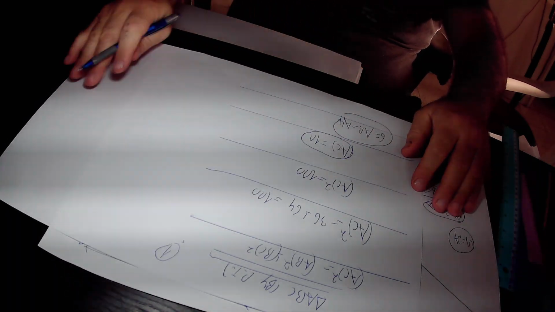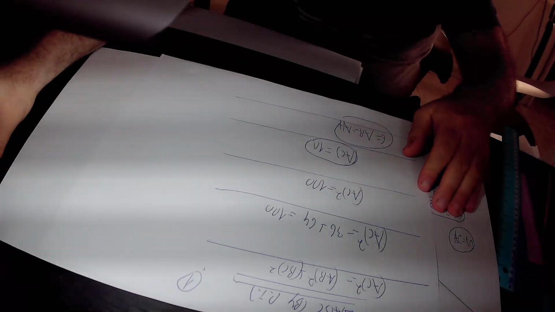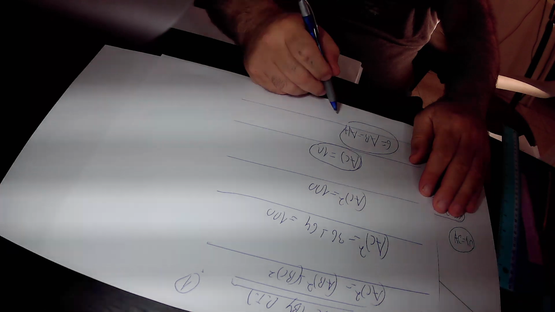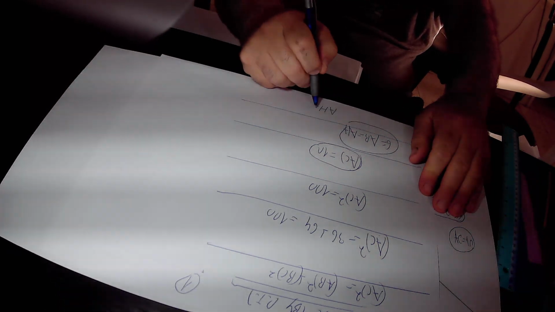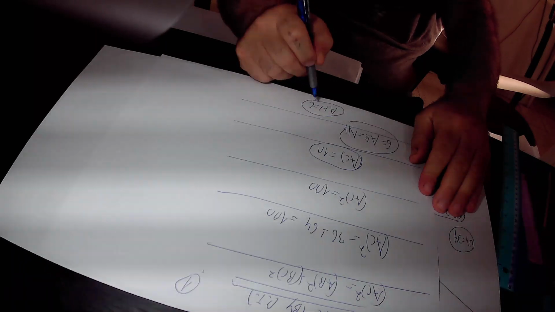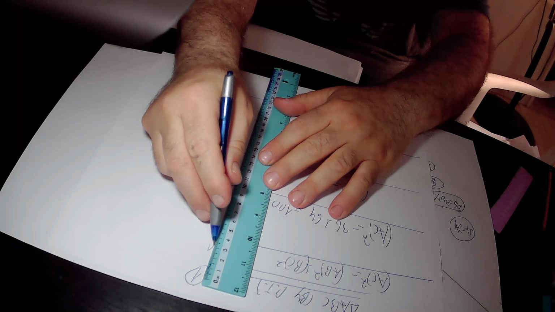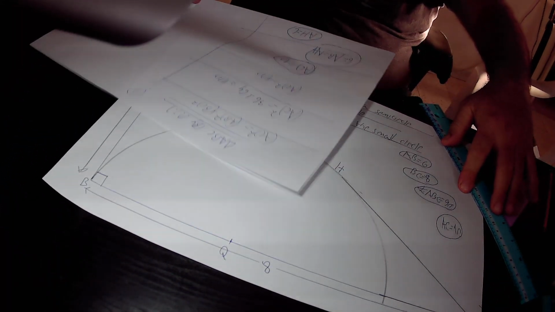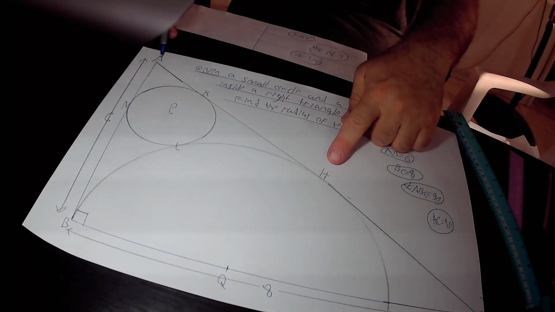And from this equation, AB equals 6 and AB equals AH, we derive that AH is also equal to 6 units in its length. This is line segment AH that is equal to 6 units in its length.